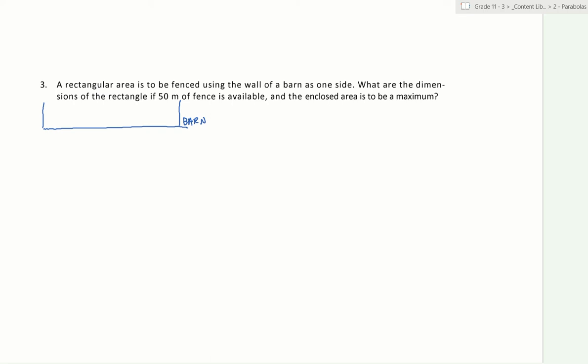This rectangular enclosure is built against the barn, so it'd be like that. So you can use all your fence on just those three sides of the rectangle, because the barn's acting as one of the sides.